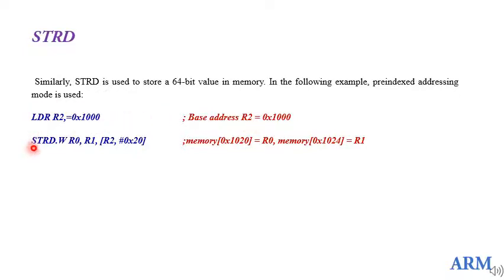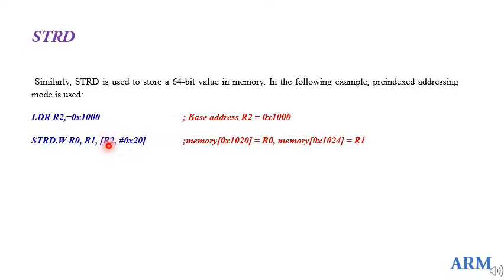Now for storing the data from registers R0 and R1 to this memory location, I will be using STRD. The instruction is STRD.W R0, comma, R1, comma, bracket R2, comma, hash 0x20. As I have told you, this is pre-indexing, so first the memory address will be computed.